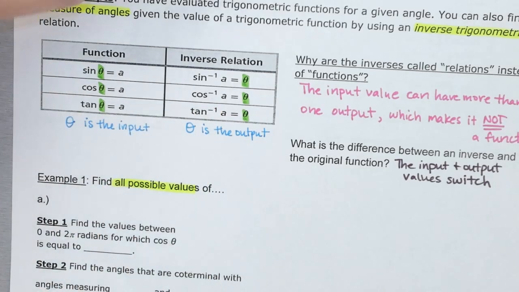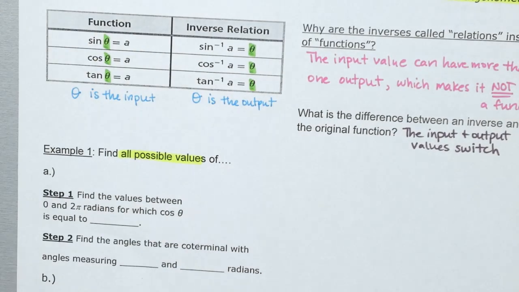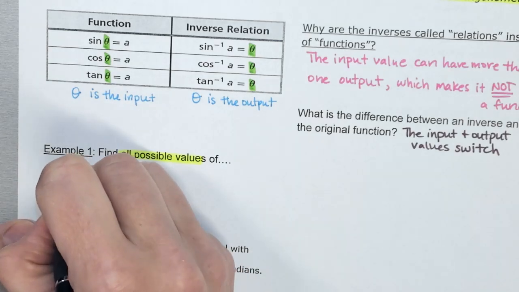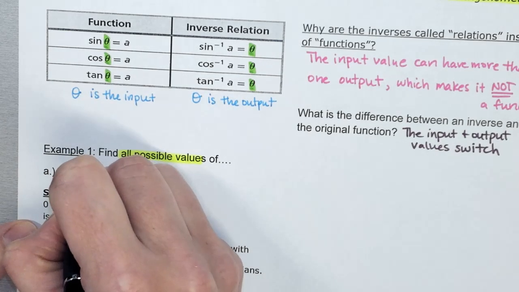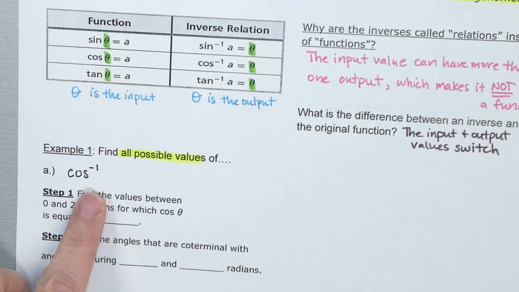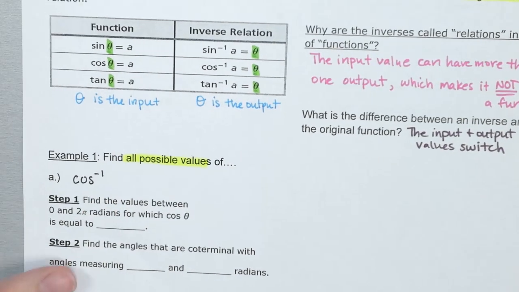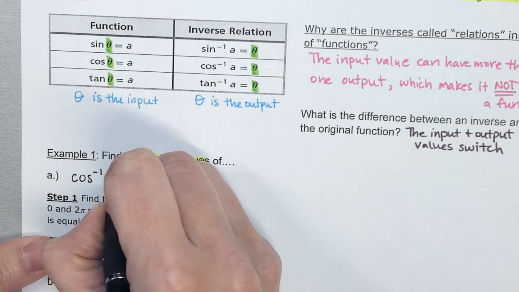So that is the notation for your inverse. For part A, it's the cosine inverse, and that's how you say it. It's not cosine to the -1, you say the cosine inverse.